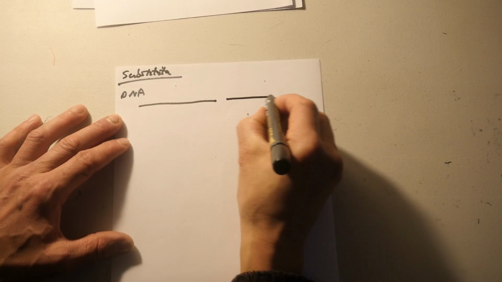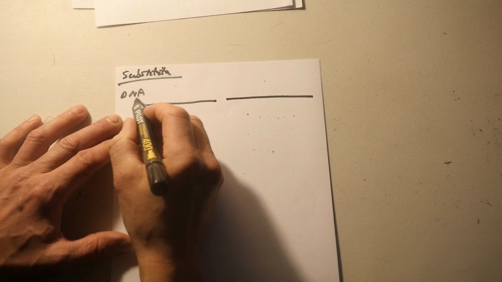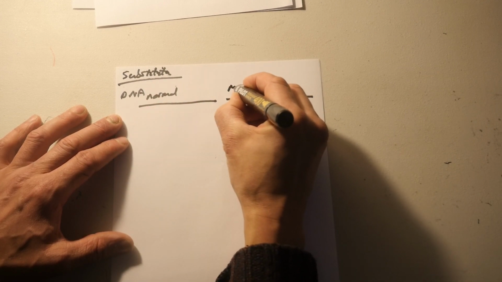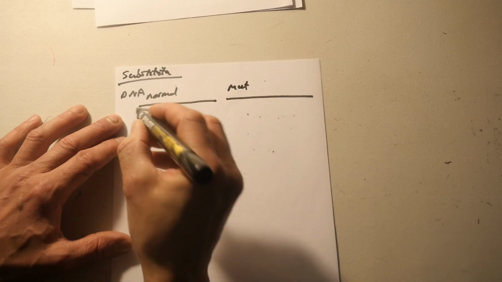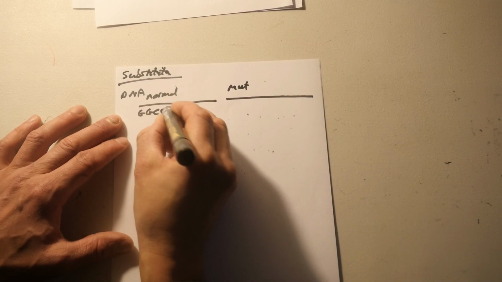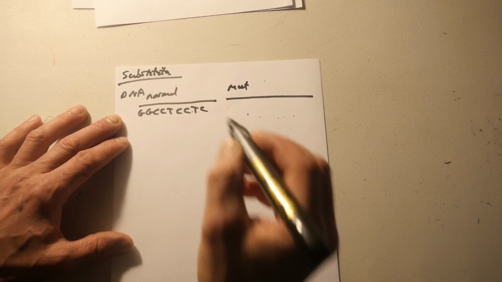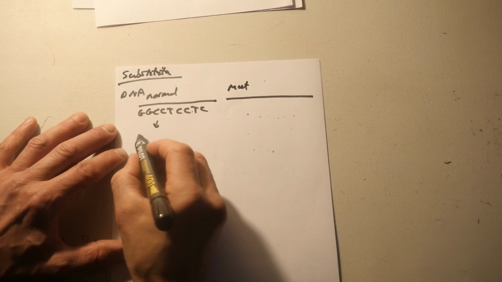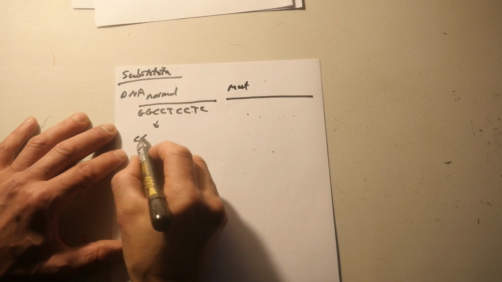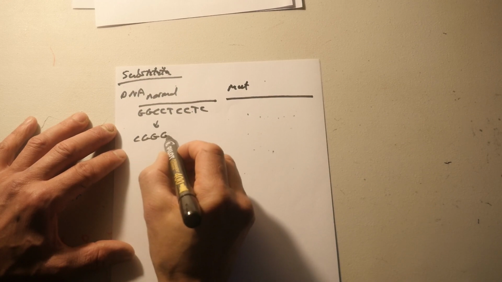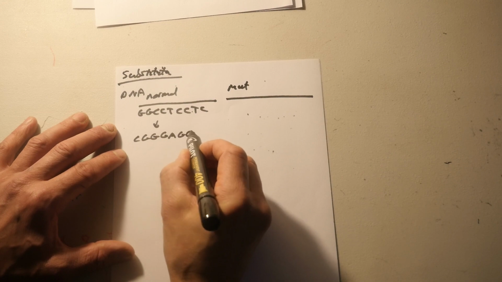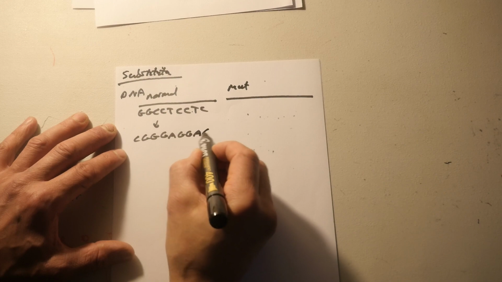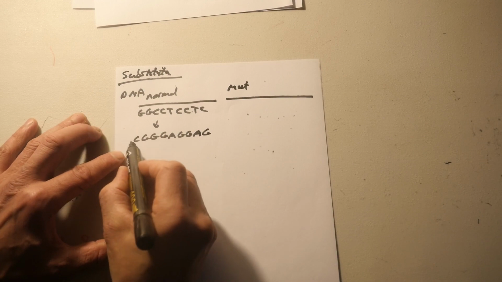If you get a normal DNA and a mutant, you get G, G, C, C, T, C, C, T, C. This leads to an RNA, which is C, C, G, G, A, G, G, A, G.